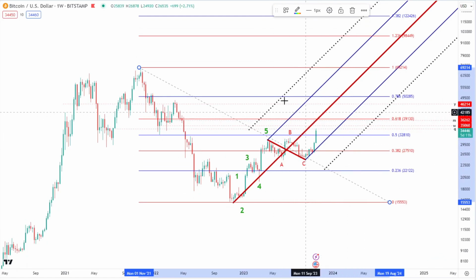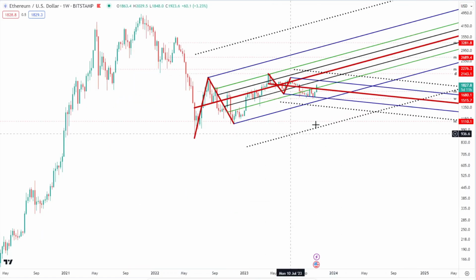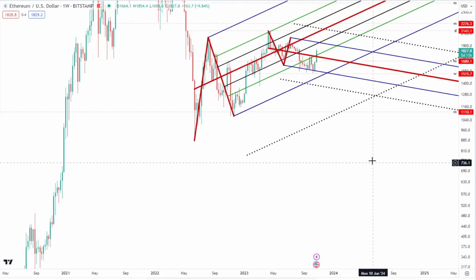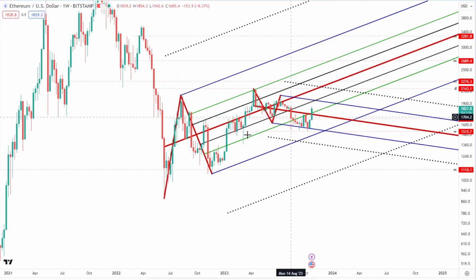But before we go into that, so this is the Bitcoin chart. Let's just quickly look at Ethereum. Ethereum's starting to move also. So here on Ethereum, we've got our major pitchfork that's just holding the price action to the upside. But more importantly, we've got a three-wave move down correction that looks like it's finished, where we ranged here between the median line and lower median line.